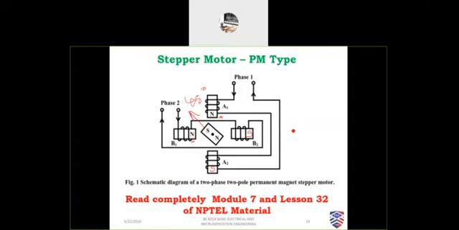That means it will come like this. This is north, so this armature will become N like this. Or suppose B1, B2 is not excited, then it will go like this.